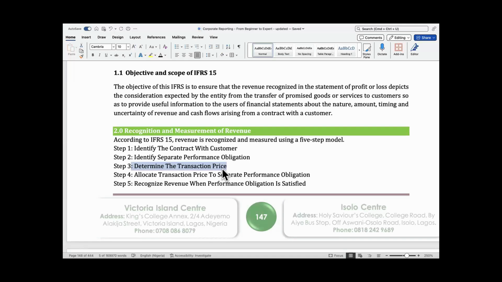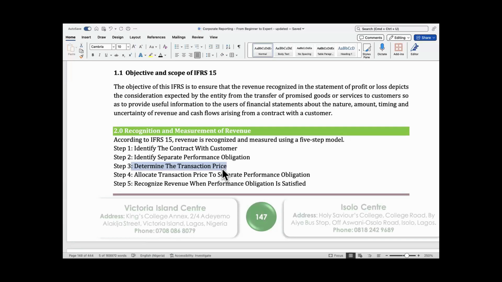Alternatively, you can have transaction prices that are variable, in that you have promised the customer that you're going to give them some discounts, some rebates that would ultimately reduce the transaction price. When there is variable consideration, such variability must be factored in the determination of that transaction price from day one.